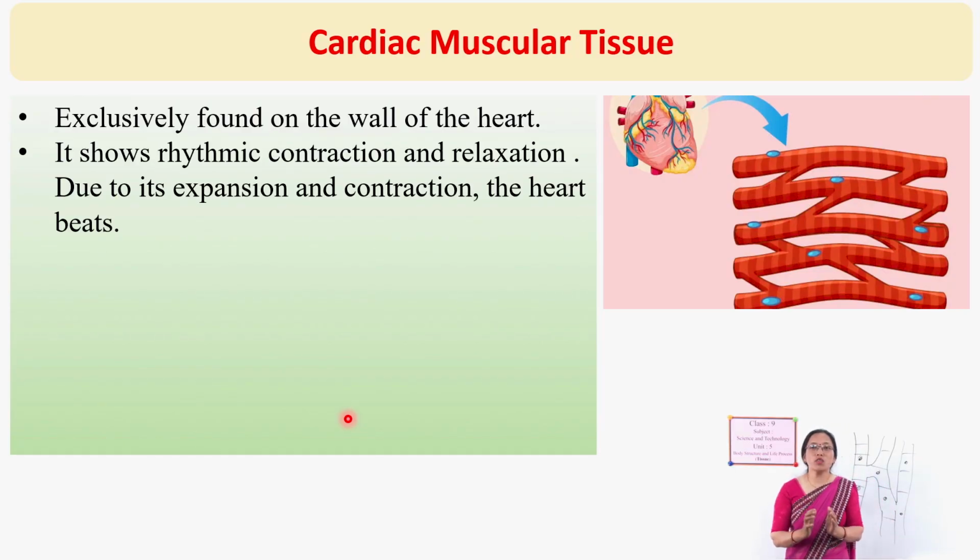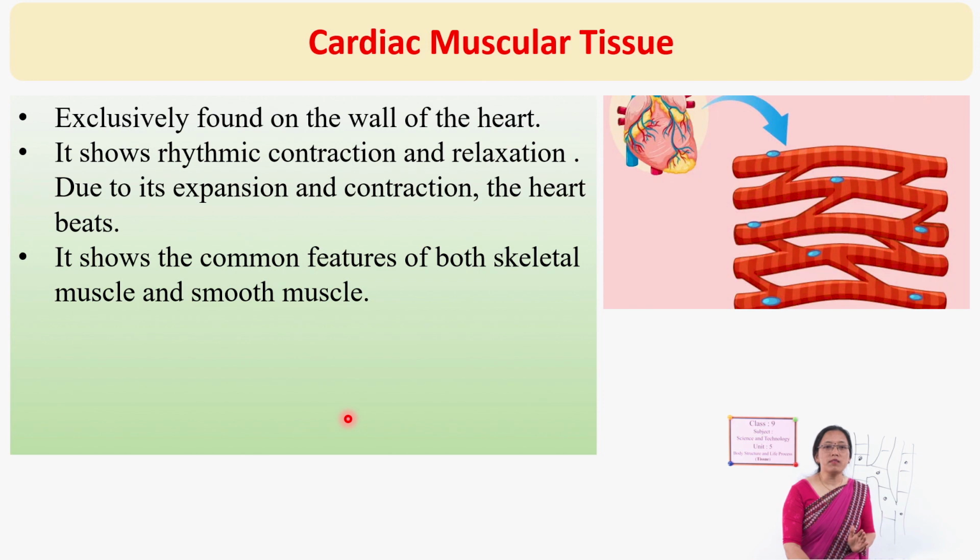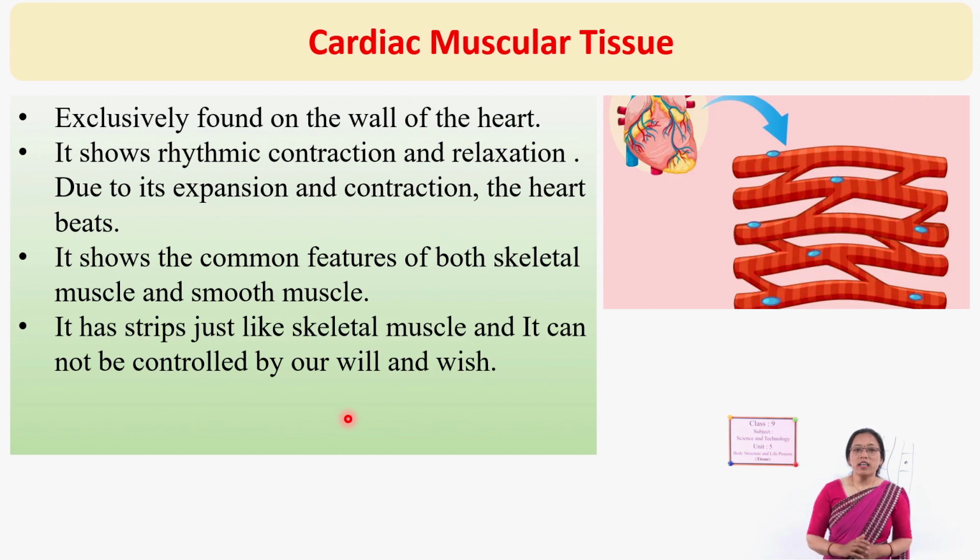And it shows rhythmic contraction and relaxation for the whole lifetime. At that time, it pumps the blood as well as causes the heartbeat in our body. This is also not under the control of our will and wish. Can you control your heartbeat? No. Whenever we want, we can't control it.